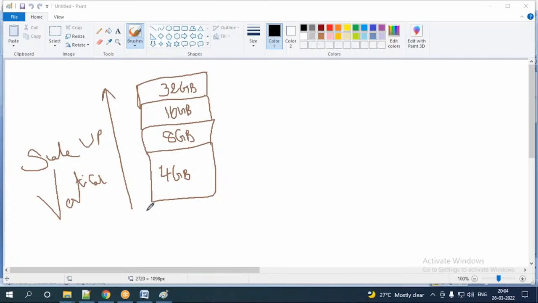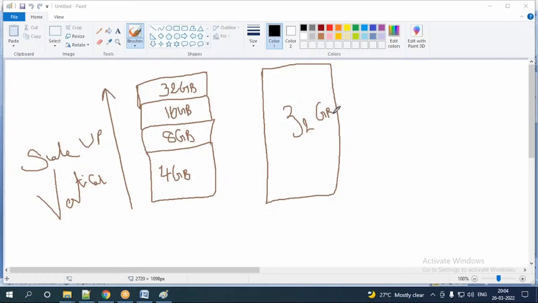When you reach that level and are unable to increase your configuration because your motherboard does not support it, in that situation say you have one more similar copy of the 32 GB machine, and you put these two machines under a load balancer. This is called scale out.